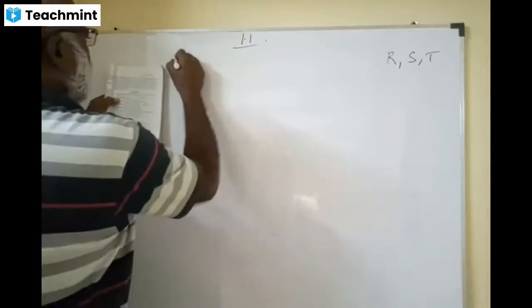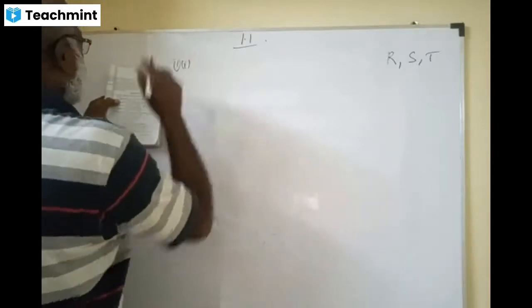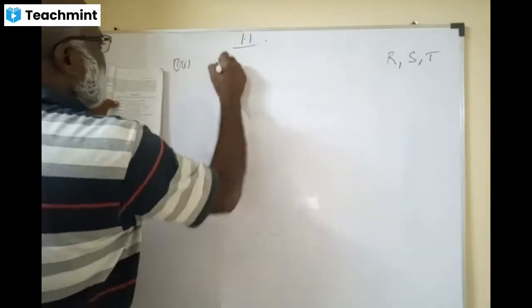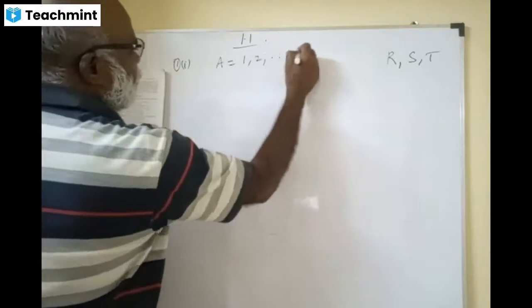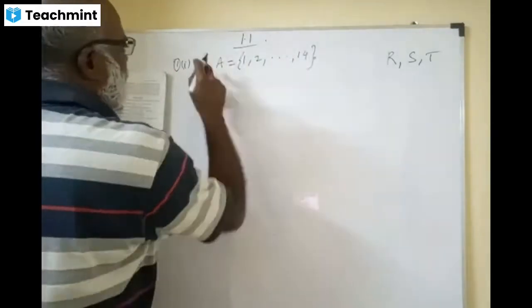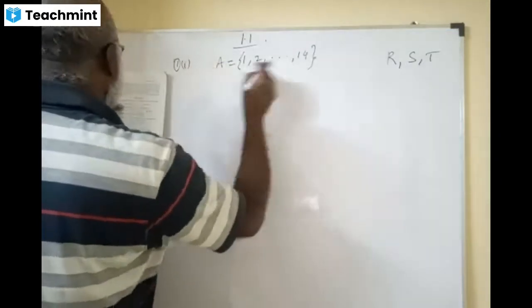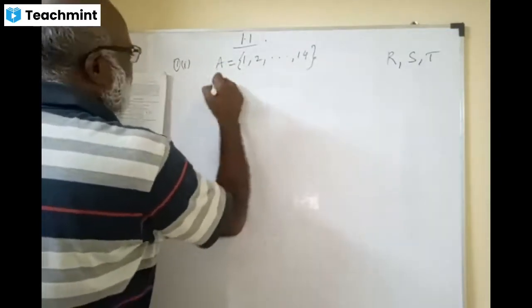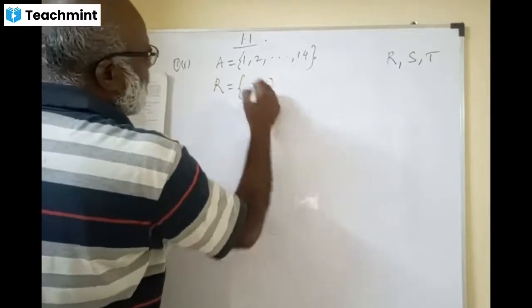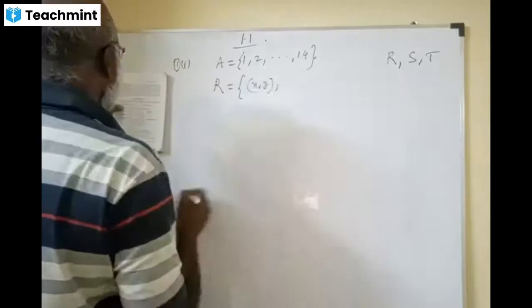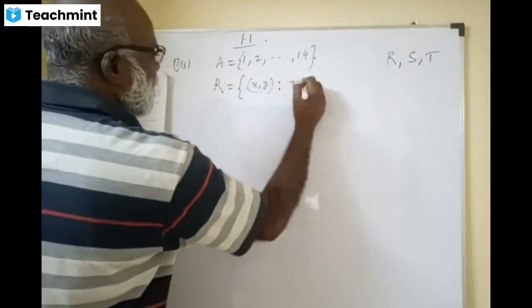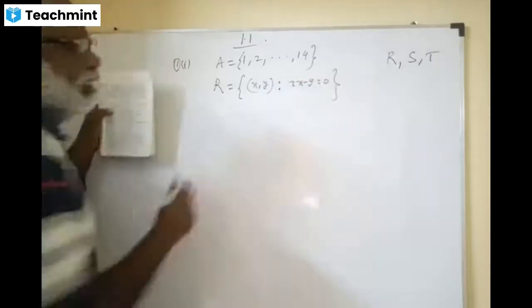Question number 1: relation on set A, where A is the set of natural numbers 1, 2, 3 up to 14. The relation R on set A is defined as R equals the set of ordered pairs (x, y) such that 3x minus y equals 0.